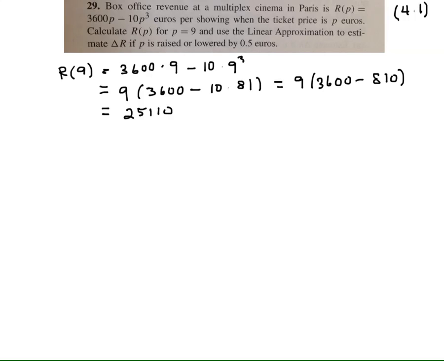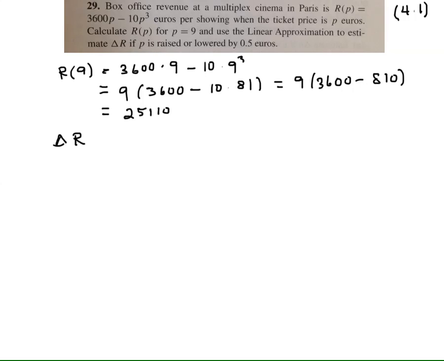Now, the second part of the problem says to use linear approximation to estimate delta R if p is raised or lowered by 0.5 euros. So you can either use our formula, but really, oops, didn't mean to go back that far.